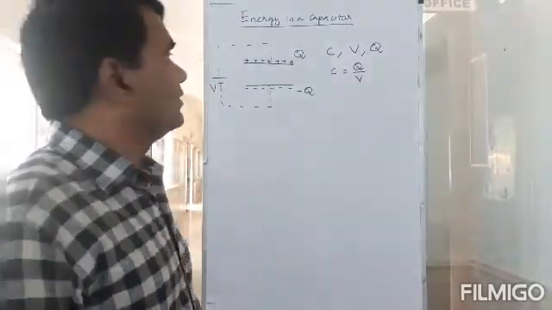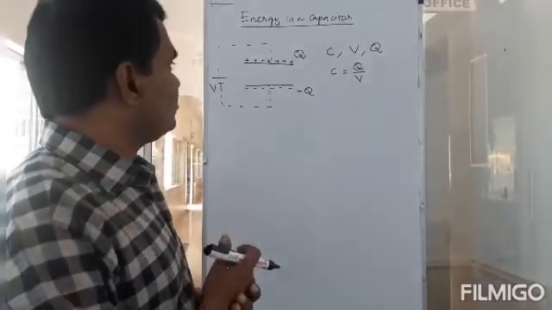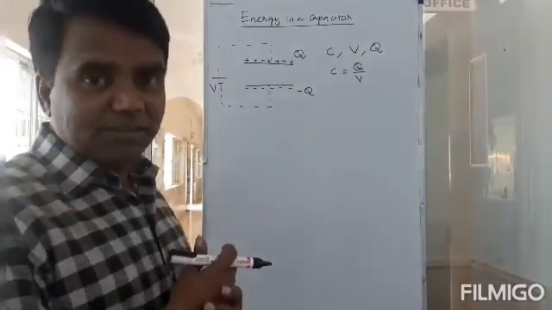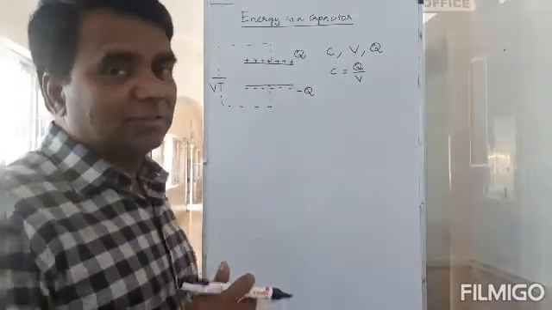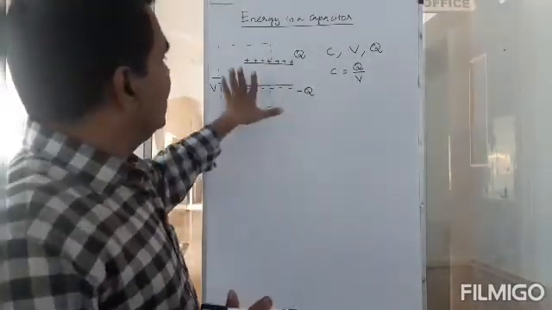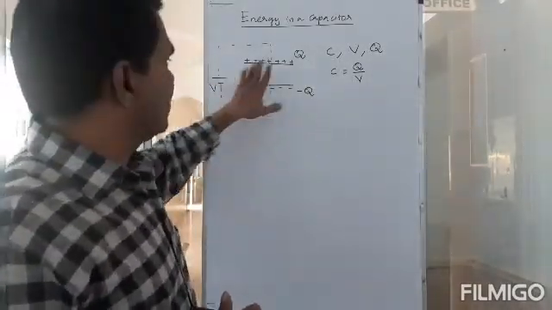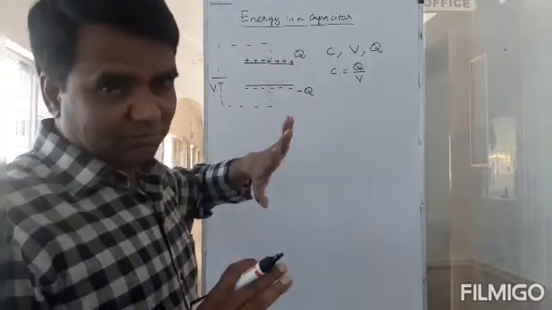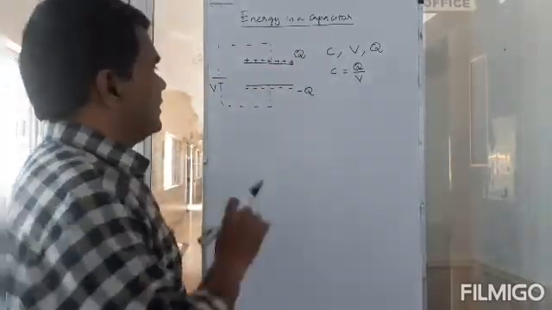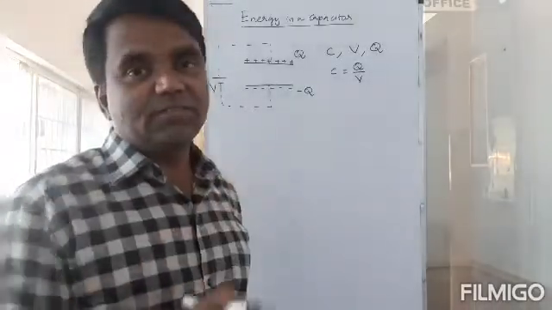Right? Okay. So that is what we will be doing. Finally, you have moved from 0 charge to Q charge. Let me take an intermediate case.